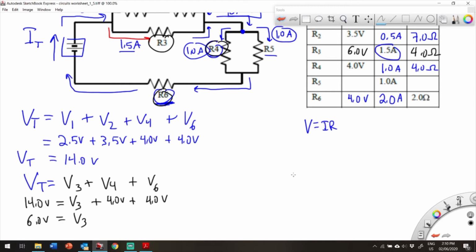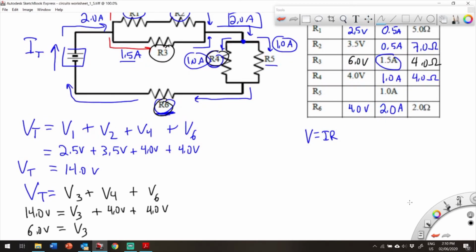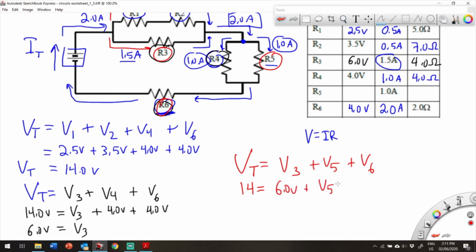To figure out R5, we do the same thing. We'll pick another path, and let's do that in red. The total voltage goes through R3, because we just calculated that, then R5, and then R6. So 14 equals V3, which we now know is 6 volts, plus V5, which we don't know, plus V6, which is 4 volts.